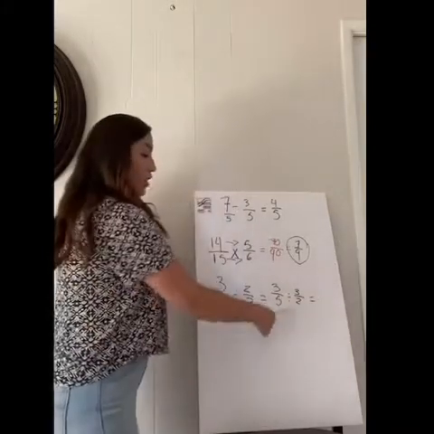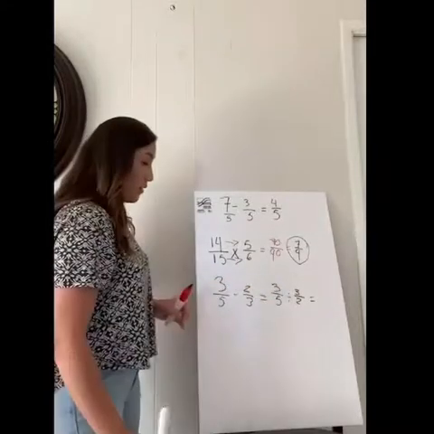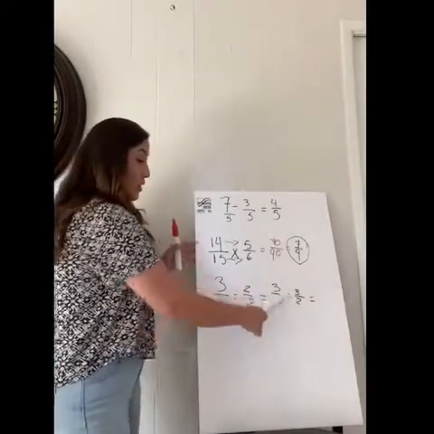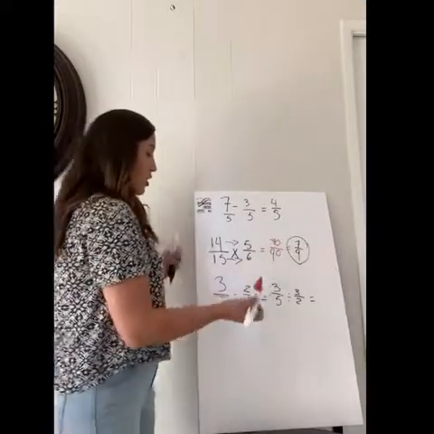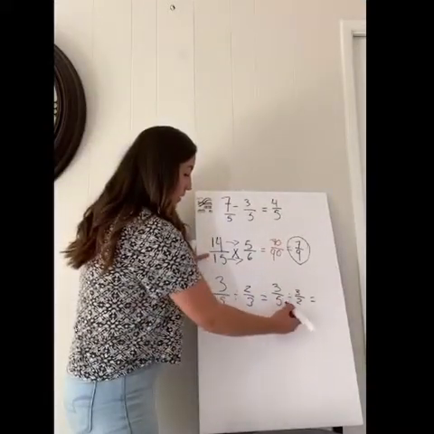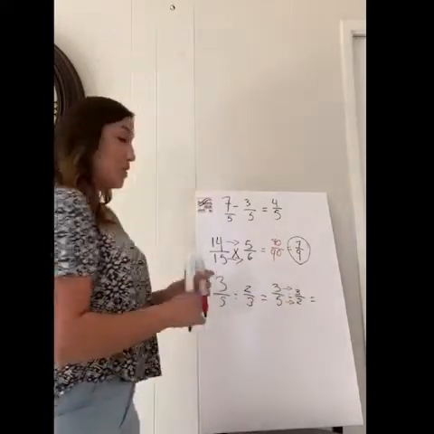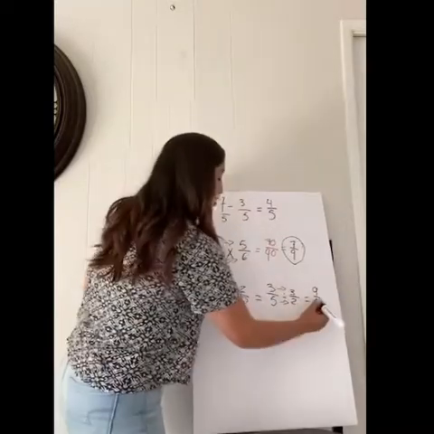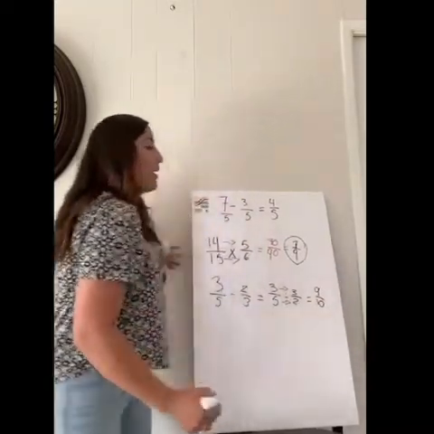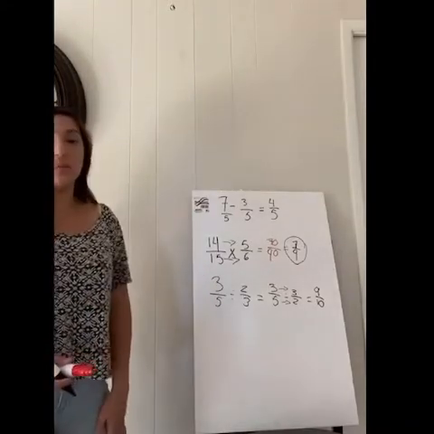So that is the new problem that we're working with. Now after you flip them, you're now gonna multiply. So you're gonna multiply 5 times 2 and 3 times 3. So 3 times 3 is 9, and 5 times 2 is 10. And that's the way we would do division.